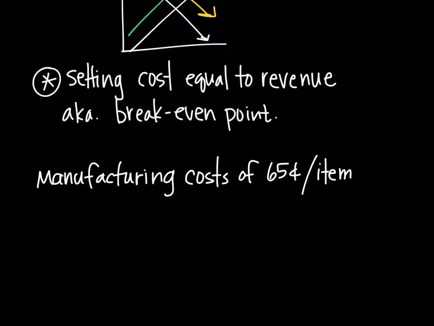So that's how much it costs you to make it. You've got to go buy the materials, and to make one of them, it costs 65 cents. Now, you're not just going to make one. You're going to make hundreds and thousands. But to make one, that's how much it would cost. You might have fixed costs of $10,000 to get you started in your new business.